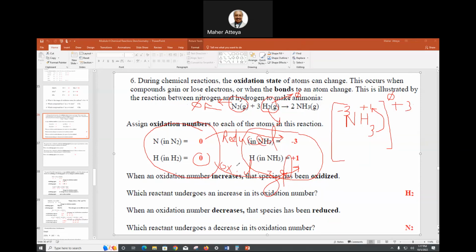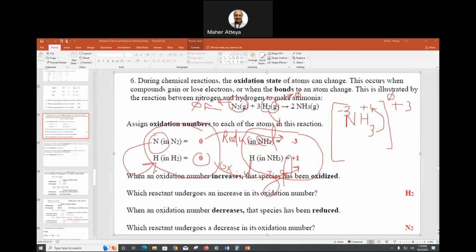Now the question is, which one of those, nitrogen or hydrogen, is an oxidizing agent? Which one is a reducing agent? Somebody tell me. Well, let's put it this way. In order to figure out which one is the oxidizing agent and which is the reducing agent, I ask the question: what does nitrogen do to hydrogen?